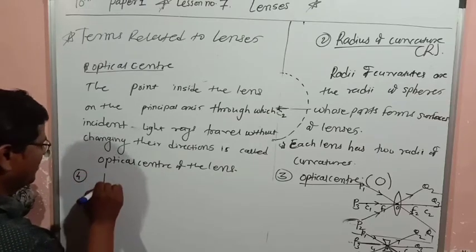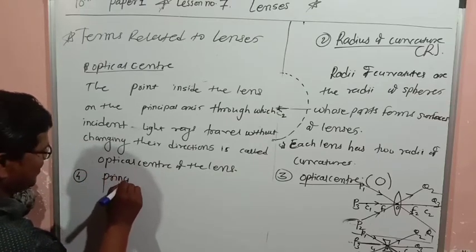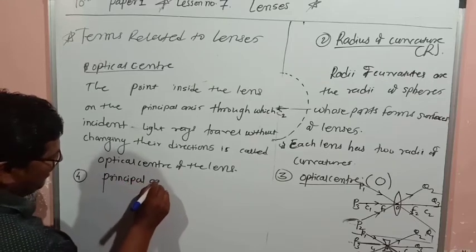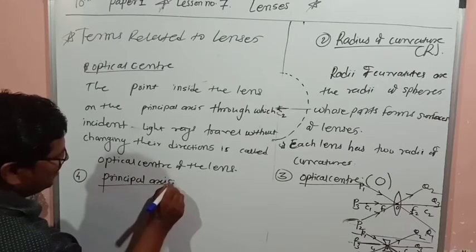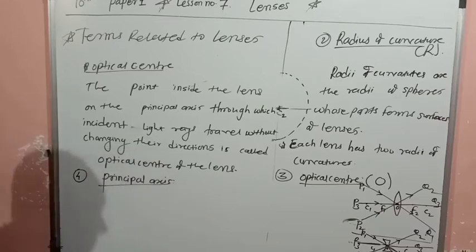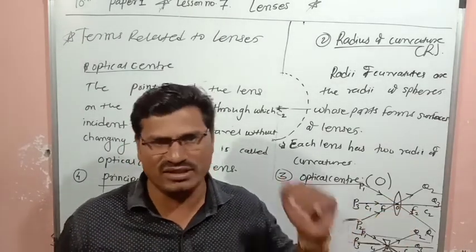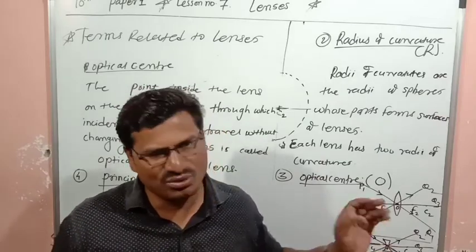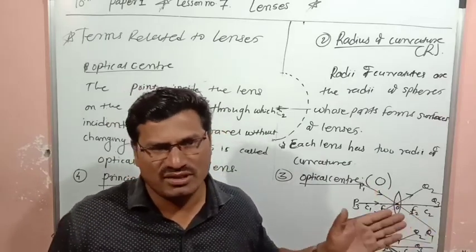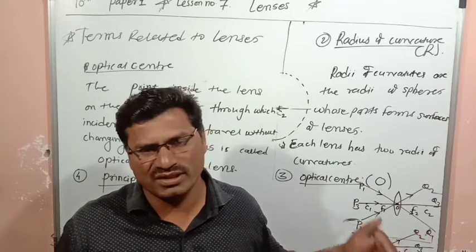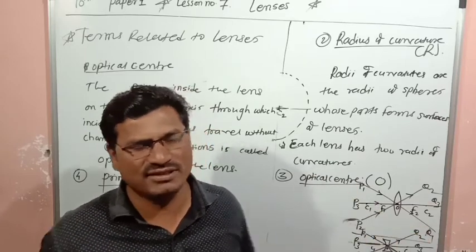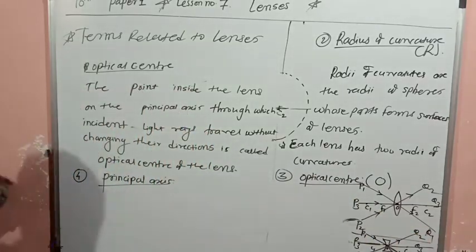Fourth term is the principal axis. So what is the principal axis? The straight line joining two centers of curvatures, and passing through the optical center, is called the principal axis.